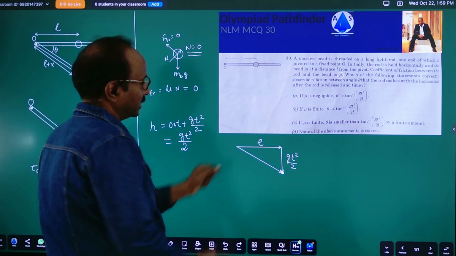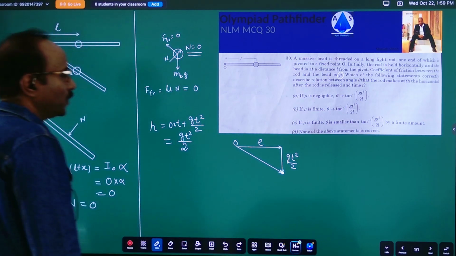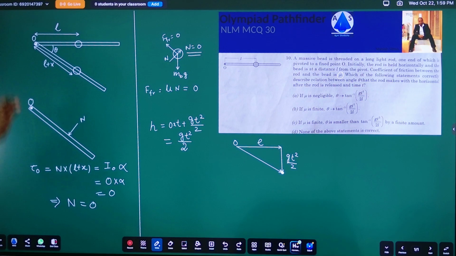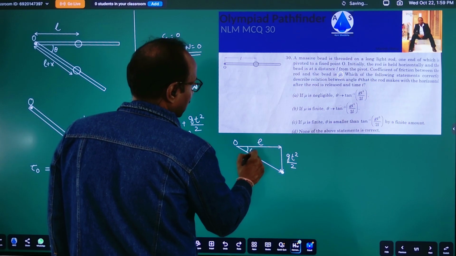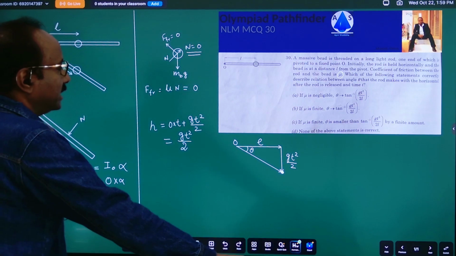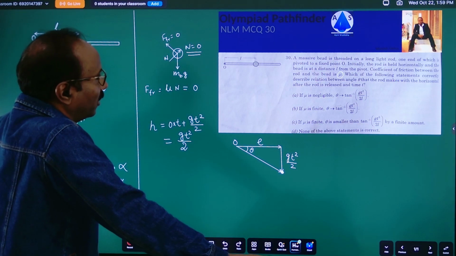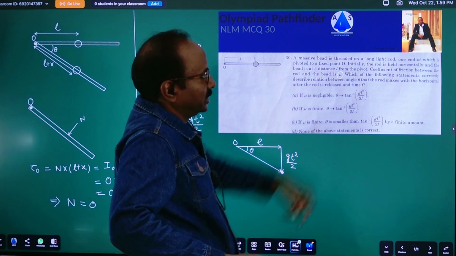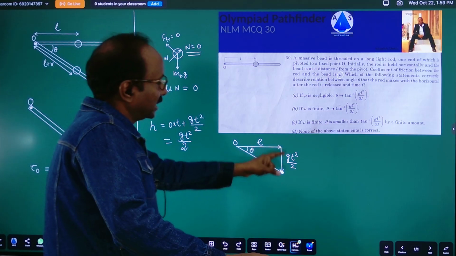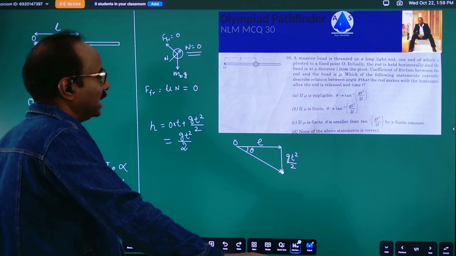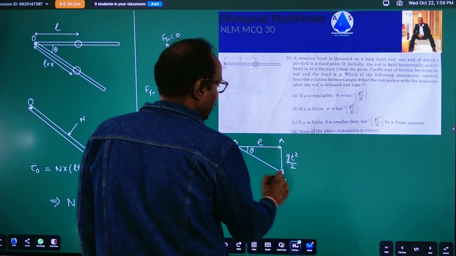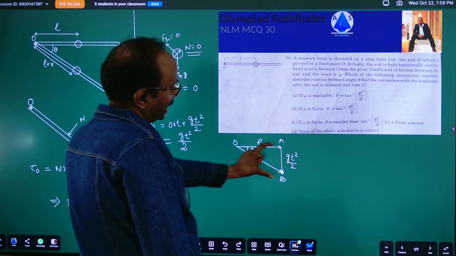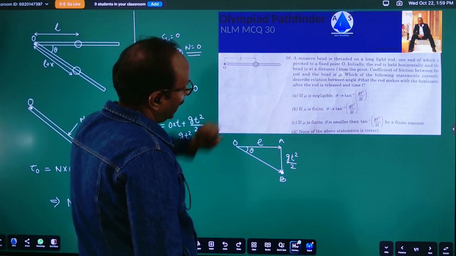That was L distance away from the pivot point O. This we have taken as L plus x. This is L, g t square by 2, and this we are saying is making theta angle from the horizontal after t time as per the question. So from this triangle, let us say this as A and B. So tan theta will be AB by OA.